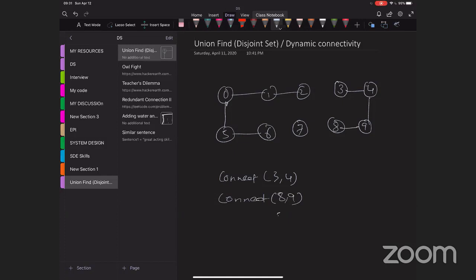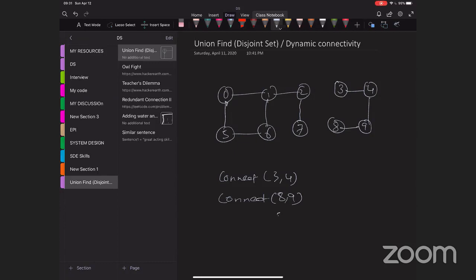I can ask it to connect 1 and 6, that is already connected, even without me putting this line. When I ask to connect 2 and 7, it lets me connect. And at any point in time, I can ask whether there is a path connecting two dots. So I can ask, is there a connection between 0 and 3, or between 5 and 3?